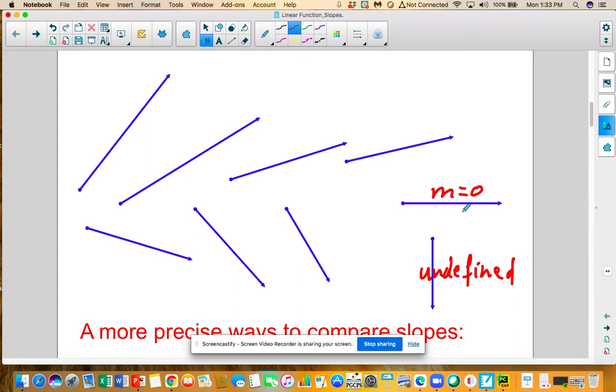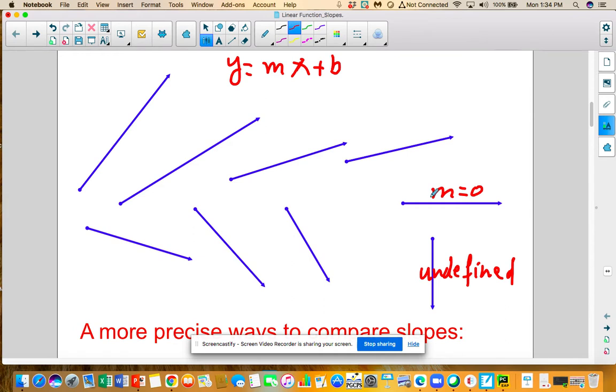Now, since these two are exceptional cases, let me go ahead and give you the equations, right? In general, the equation of a line can be written in slope-intercept form, which is y equals m times x plus b, where m is the slope and b represents the y-intercept.